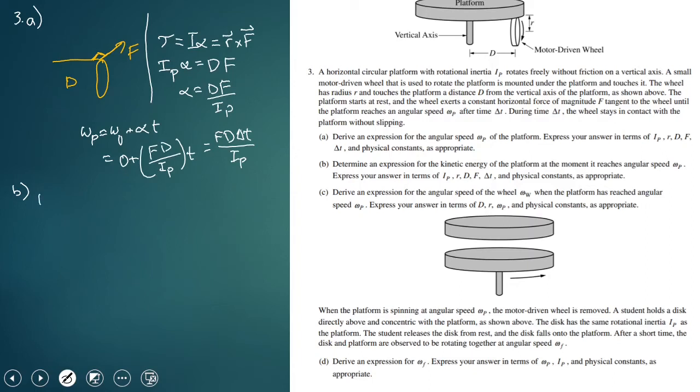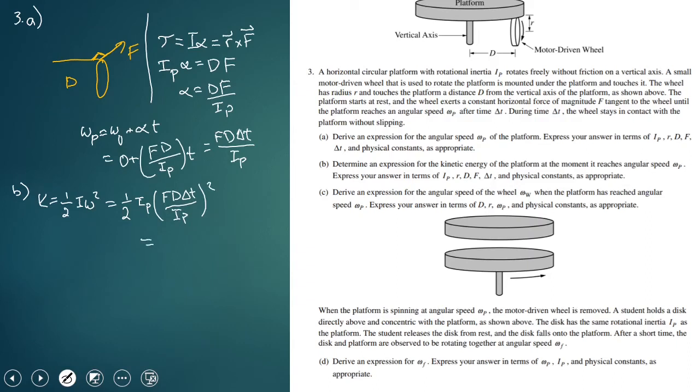We have the rotational kinetic energy is 1/2 I omega squared. So this is equal to 1/2 I sub p times F d delta t over I sub p, all squared.